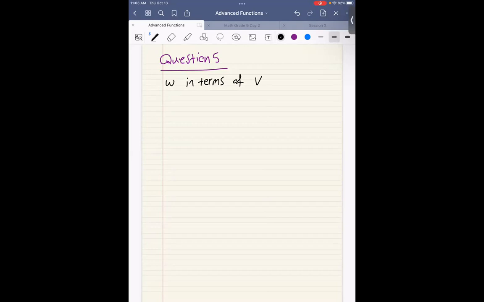We know that omega is equal to 2 pi times f, where f is the frequency, the number of cycles per second, for example. Right?